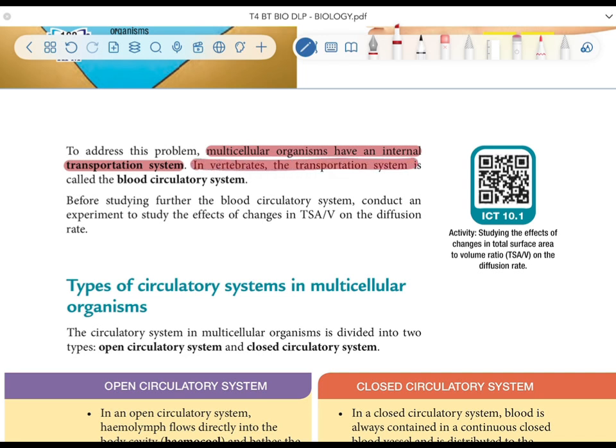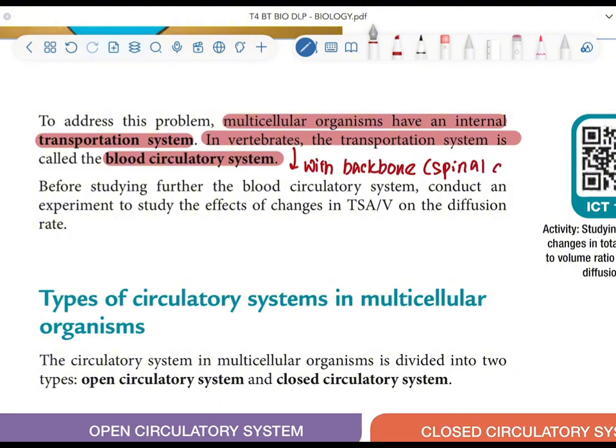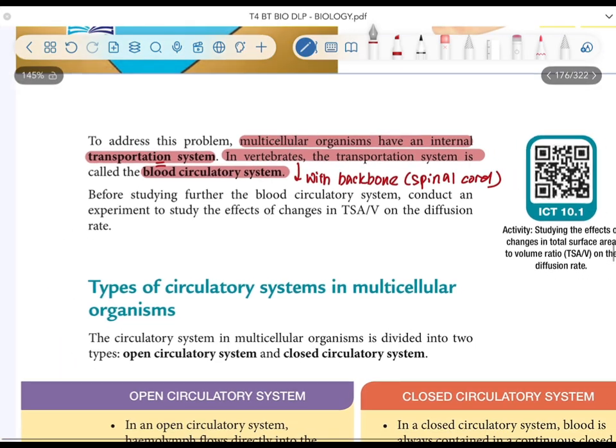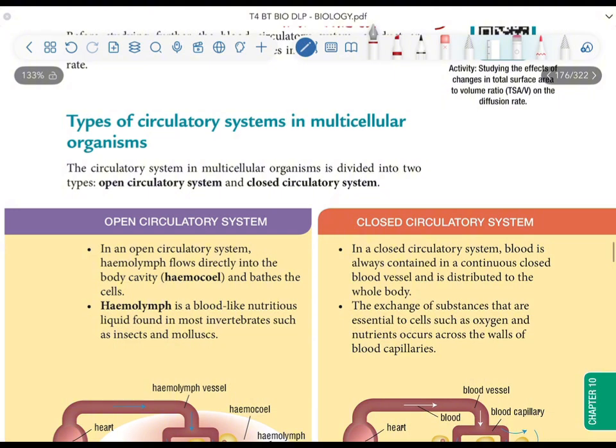In vertebrates, meaning animals with backbones, the transportation is what we call the blood circulatory system. Vertebrates are animals with a backbone, which is the spinal cord. So the transportation is just the blood circulatory system. They are the same thing.